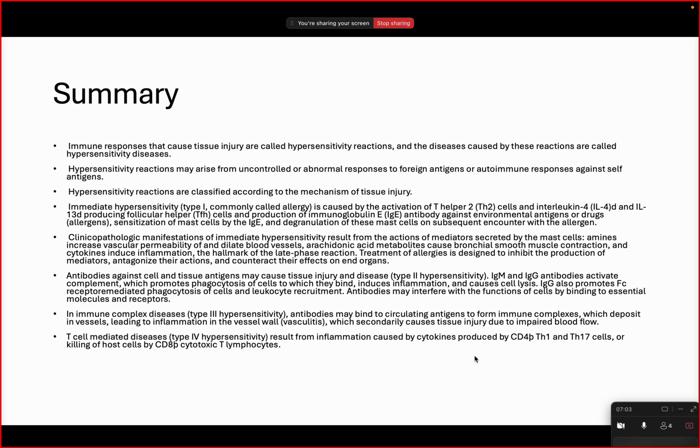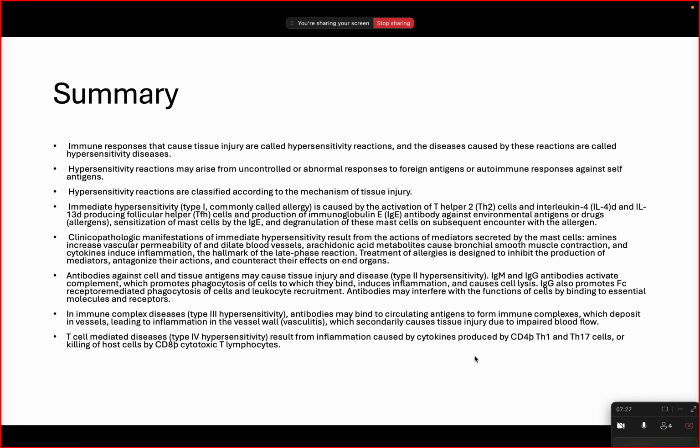The clinicopathologic manifestation of immediate hypersensitivity results from the action of mediators secreted by the mast cells, that is, amines increase vascular permeability and dilate blood vessels. Arachidonic acid metabolites cause bronchial smooth muscle contraction, and cytokines induce inflammation, the hallmark of the late phase reaction.